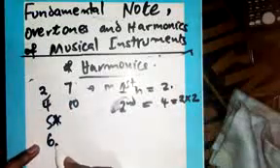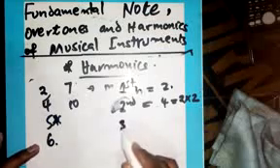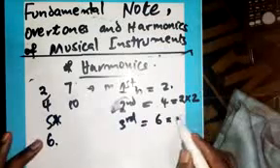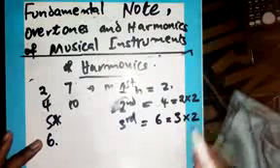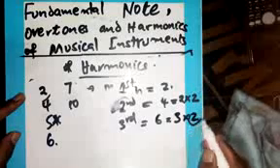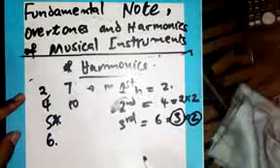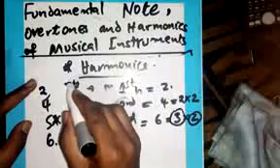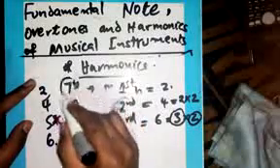Is 6 a harmonic? Yes. Therefore, my third harmonic is 6, because it is formed by taking 3 times 2. 2 is the fundamental frequency, and 3 is the multiple number. Is 7 a harmonic? No, because it is not a multiple of 2.